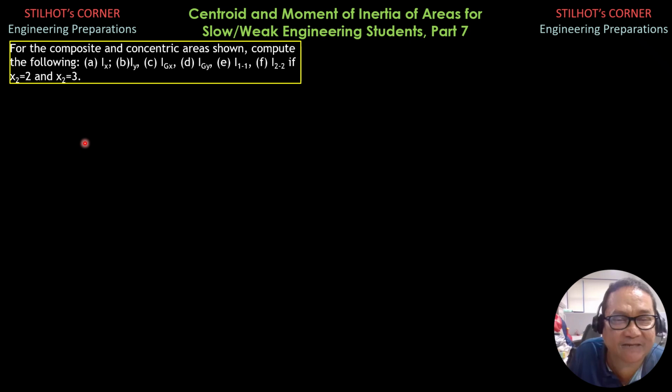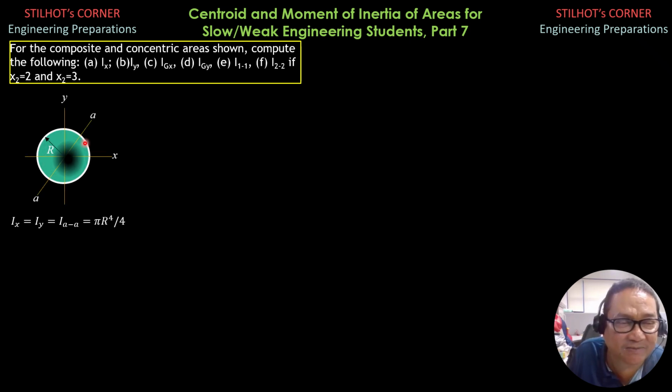So here is the guide for a circle. Remember that the moment of inertia of the circle with respect to the diameter or diametral axis or any axis through the center is pi over 4 r to the fourth. Just refer to the derivation for those who are not yet familiar with it.